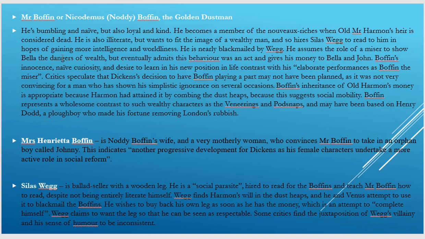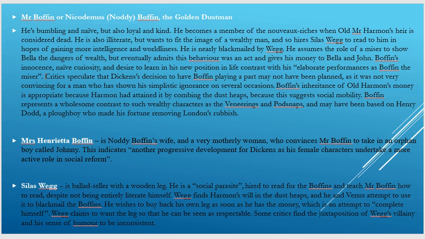to show Bella the dangers of wealth, but eventually admits this behavior was an act and gives his money to Bella and John. So Buffin's innocence, naive curiosity, and desire to learn in his new position in life contrasts with his elaborate performance as Buffin the Miser.